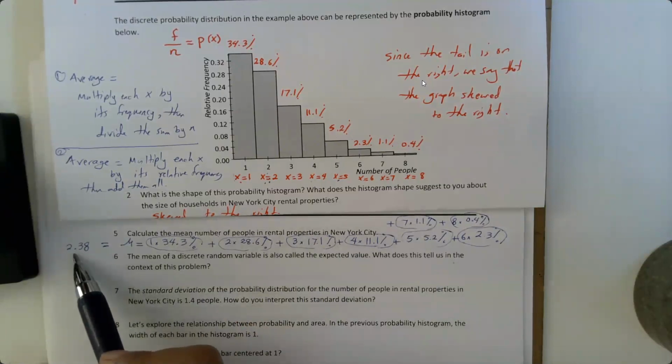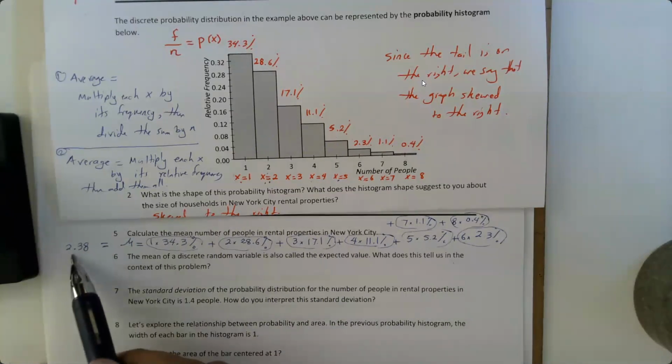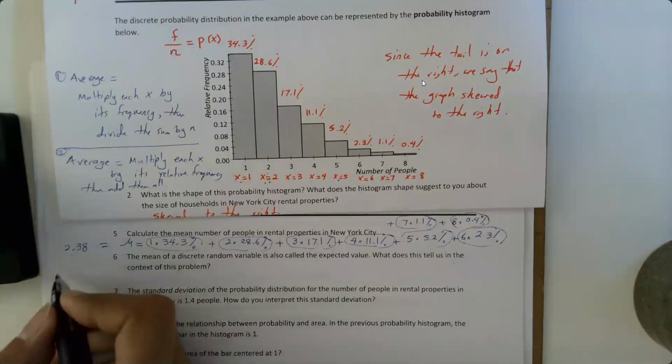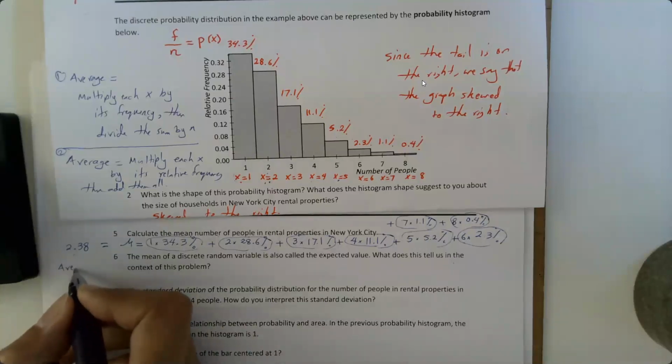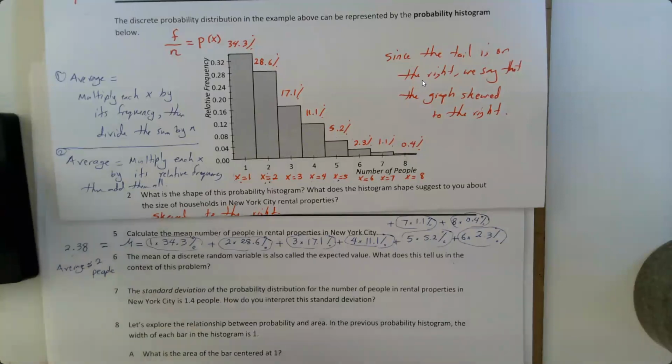You might say, hey, 2.38, it's not a very nice number. It's a decimal for people. So you might say, on average, it's approximately 2 people. The average is almost 2 people in rental properties.